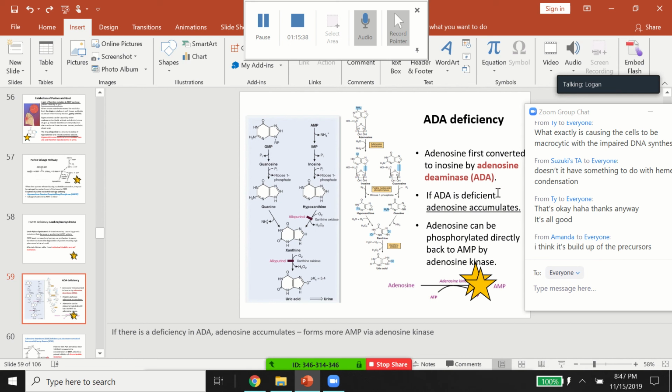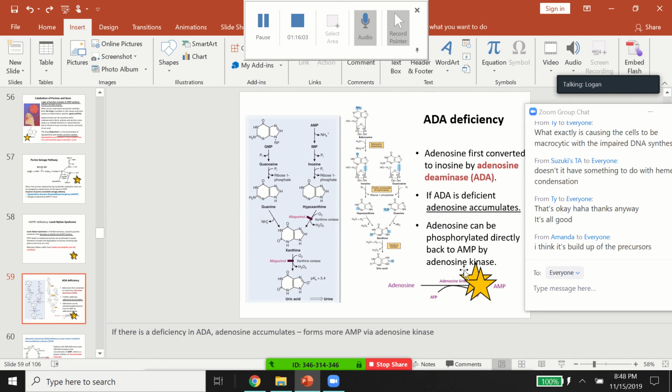Now, if ADA is deficient, then adenosine obviously accumulates, because that would be the beginning product and inosine is the end product. If adenosine accumulates, it can be phosphorylated directly back to AMP by adenosine kinase. So it can go the opposite direction, backwards in this breakdown pathway.